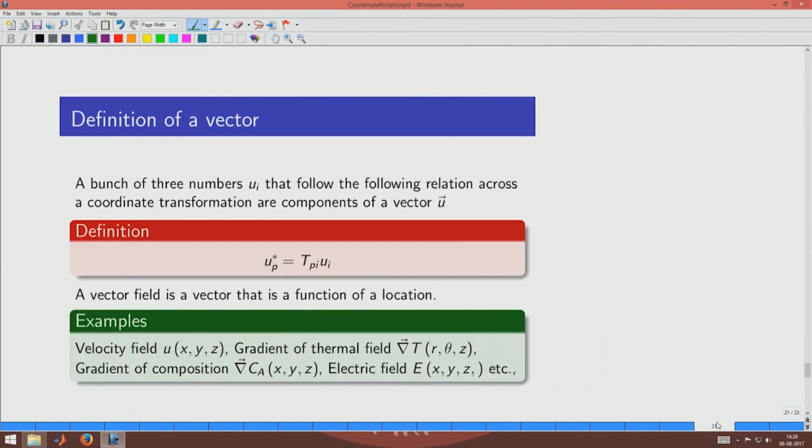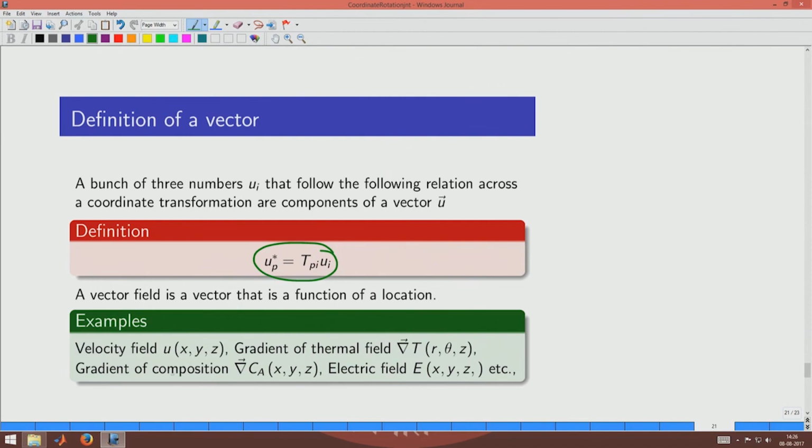Any bunch of 3 numbers cannot be a vector; only those bunches of 3 numbers which follow this relationship can be called components of a vector. There are some quantities which are known to be vectors, so we can go ahead and prove whether they are vectors or not according to this relationship. We will be doing that in a later session. And are there any quantities that we already know to be vectors? We have, for example, velocity.